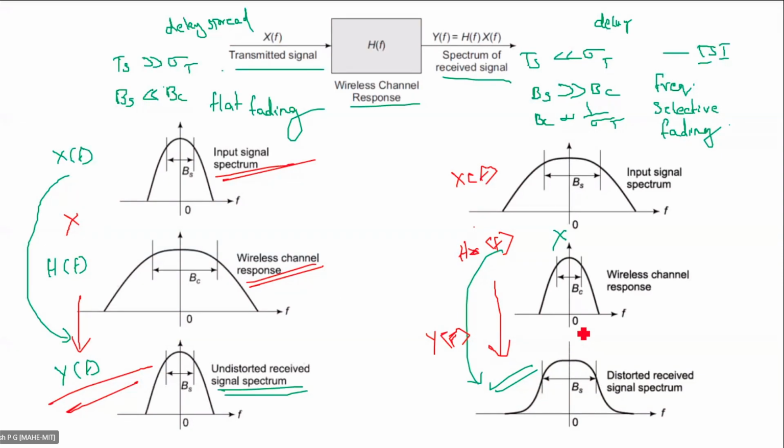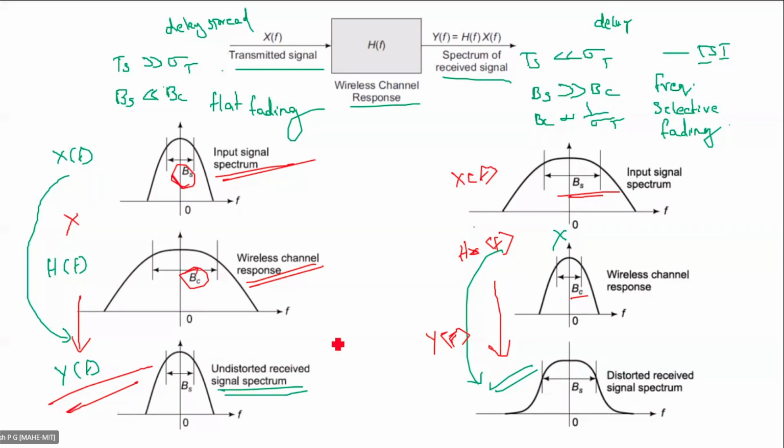So if BS is greater than BC, there is distortion. But if BS, that is signal bandwidth, is less than coherence bandwidth, then there is no distortion.